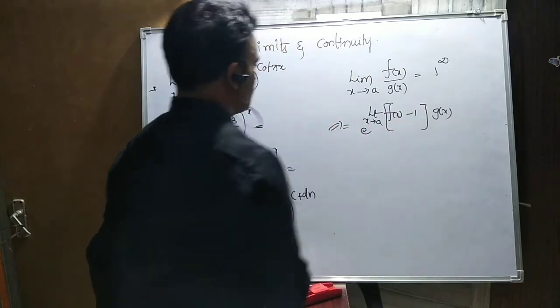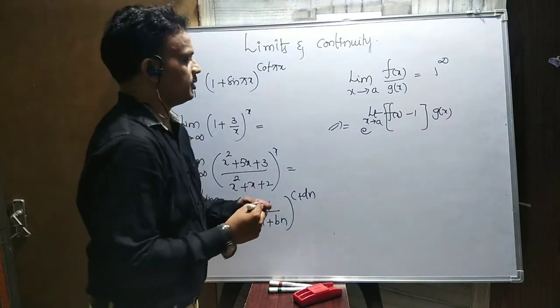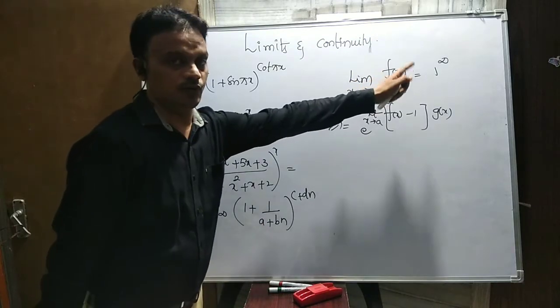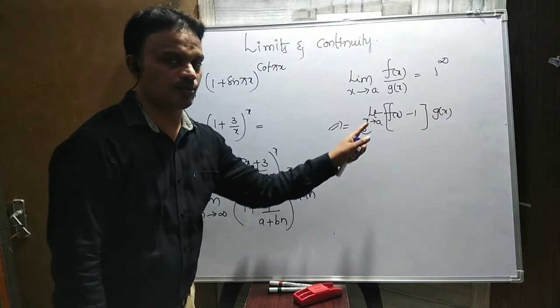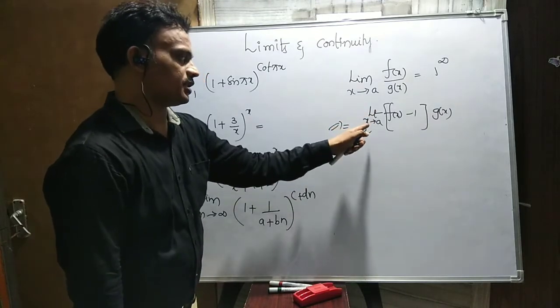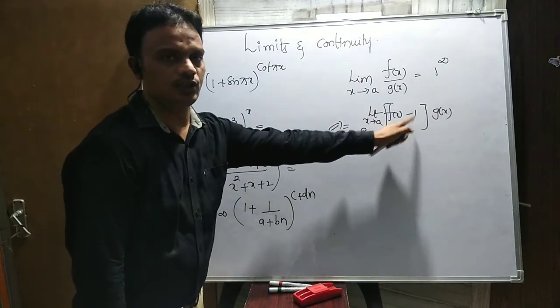This is a very important model. Whenever the limit is in the form of 1 power infinity, we simplify it as e power limit x tends to a of (f of x minus 1) into g of x.